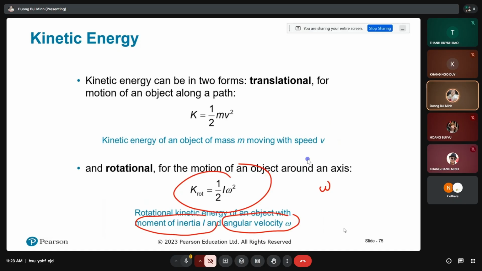So now we have the comparisons between translational kinetic energies and rotational kinetic energies. Here we use just the normal velocity, but here we should use angular velocities, square. And here we use mass. Here we use the moment of inertia.